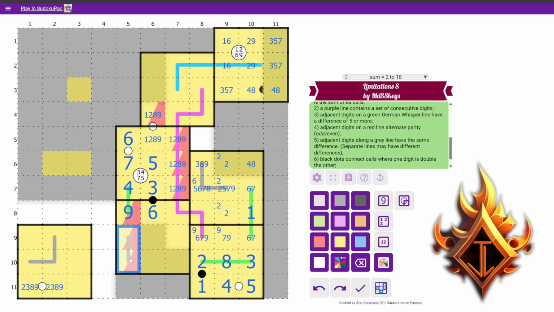It's a 1 or 2. And this can be 1 or 5. Only it's seeing 2, 3, 4, 6, 7, 8, 9.